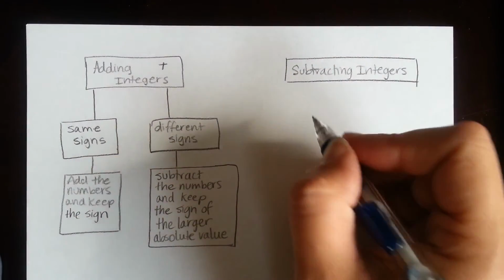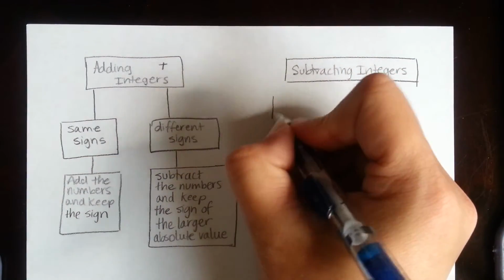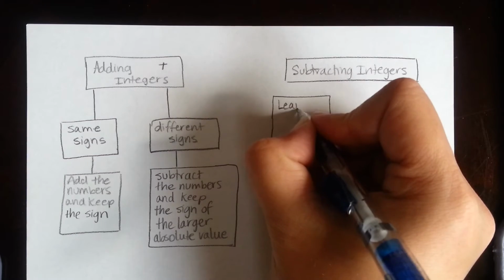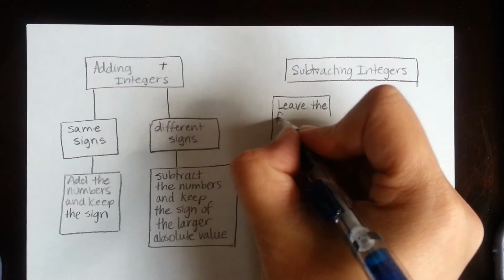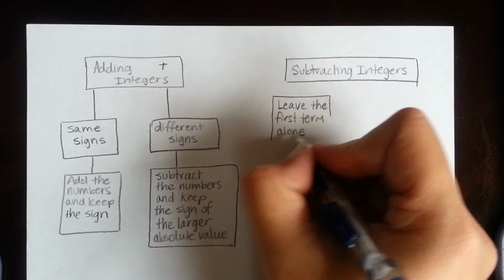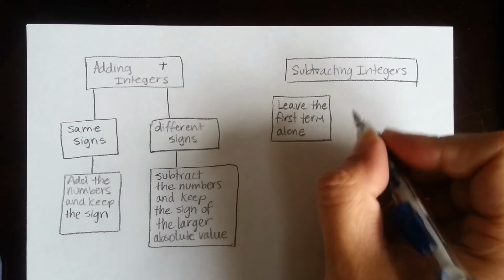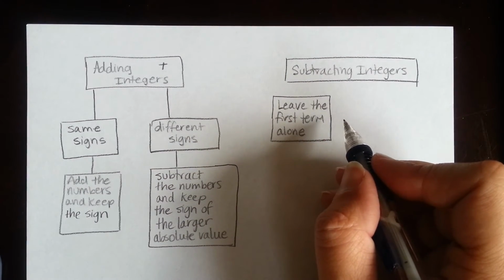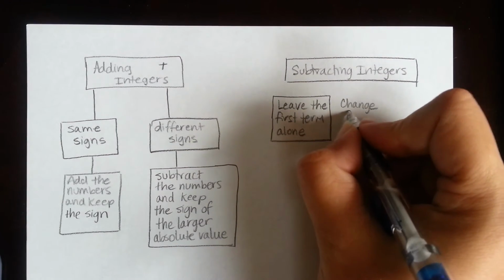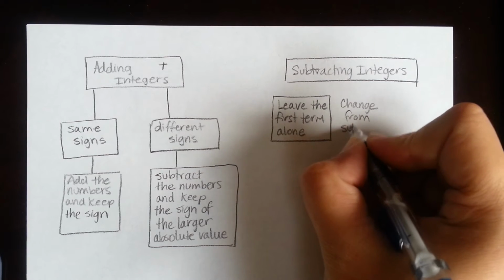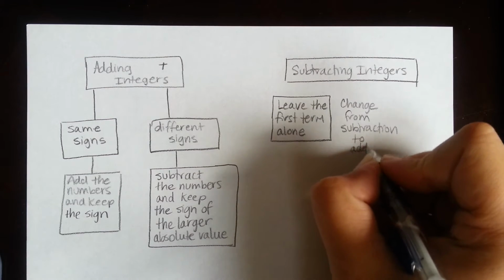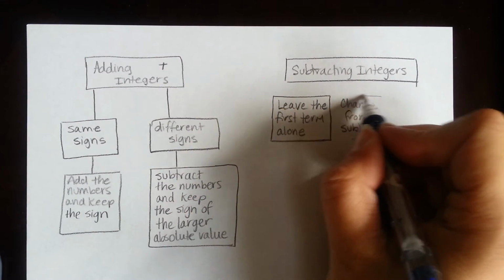So if it's subtracting integers, we're going to leave the first term alone. Then we're going to change from subtraction to addition. So we're actually changing the operation symbol there.